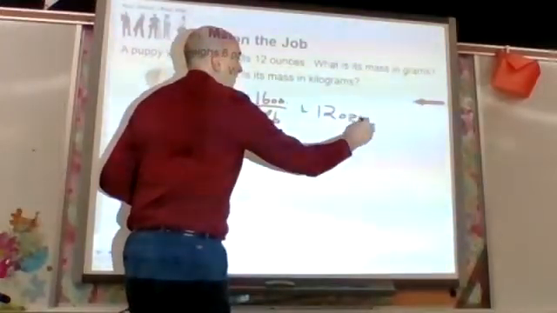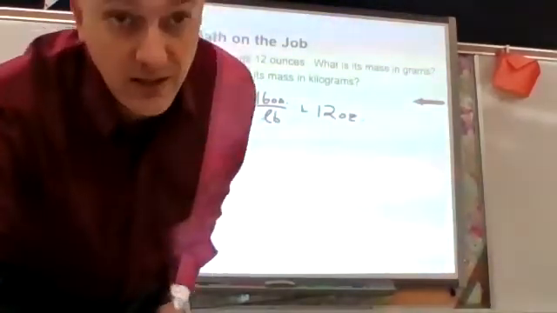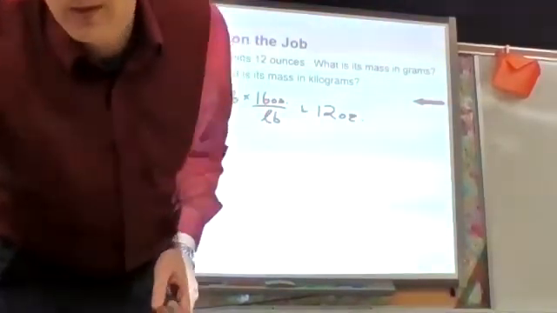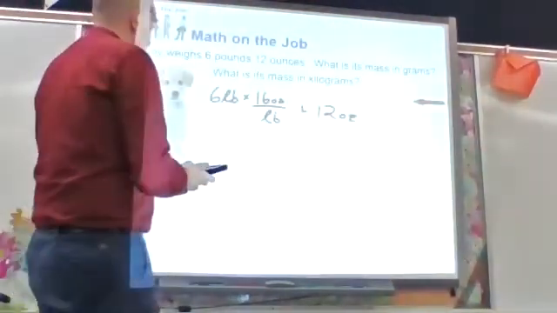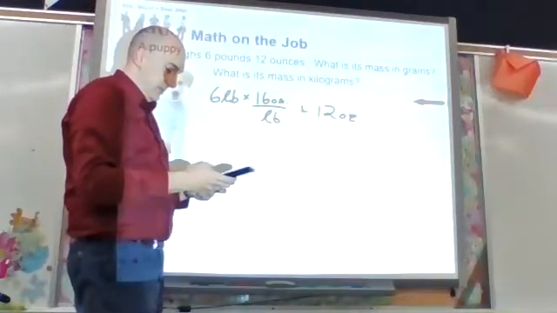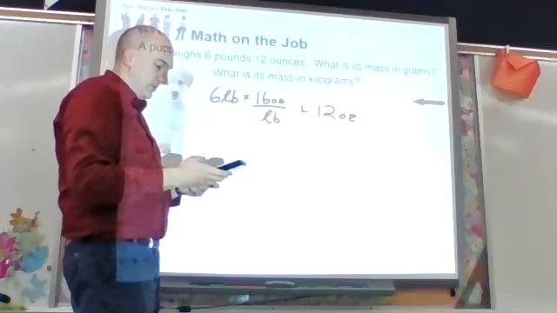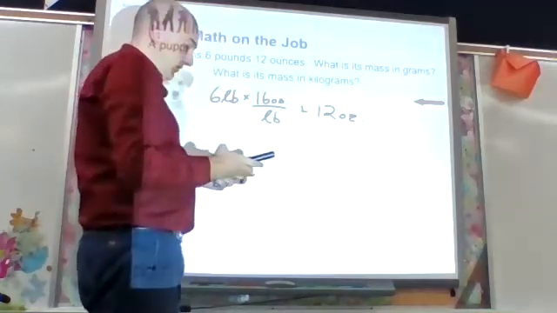Let me grab my calculator for a moment. Six times 16 equals 96 plus 12.